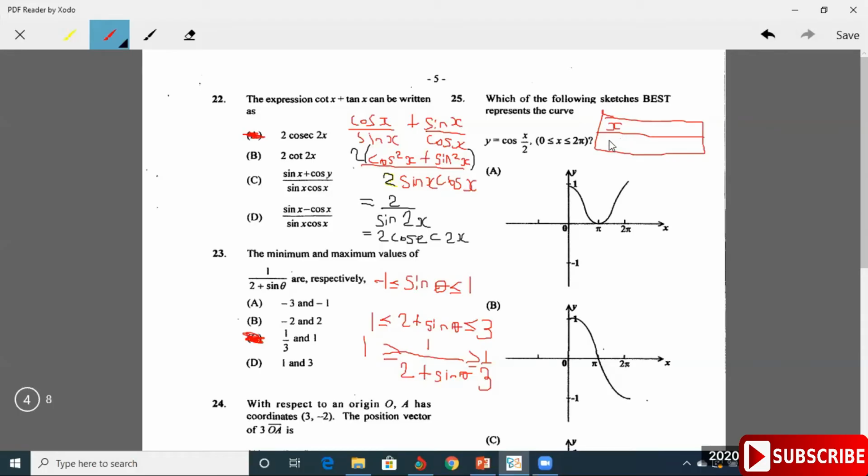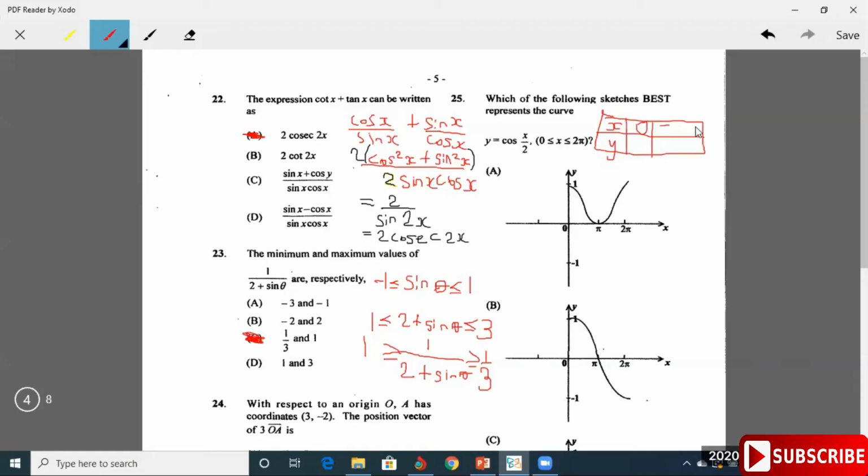So find out the corresponding y value when x is 0, when x is pi, and when x is 2 pi.